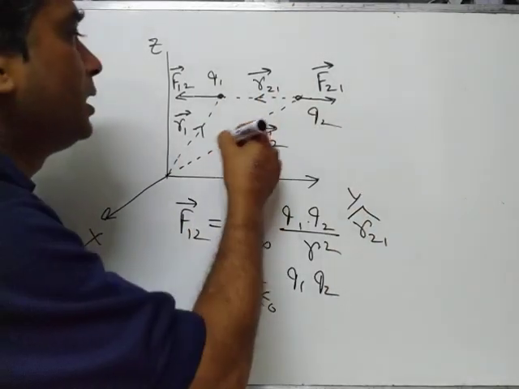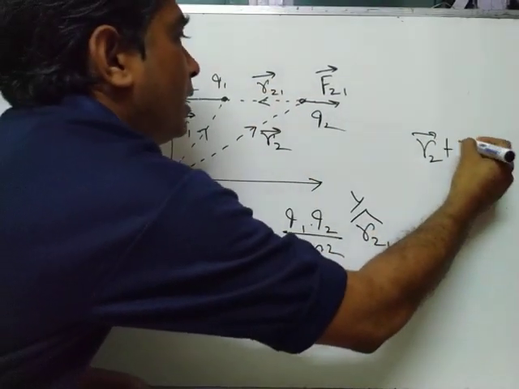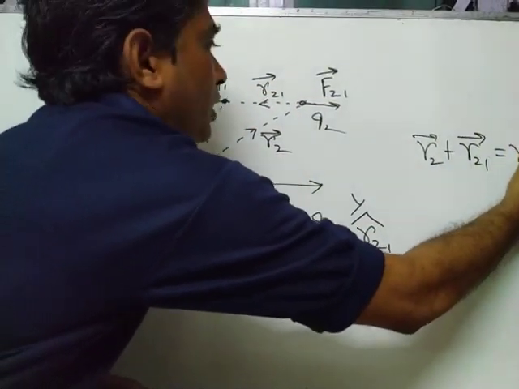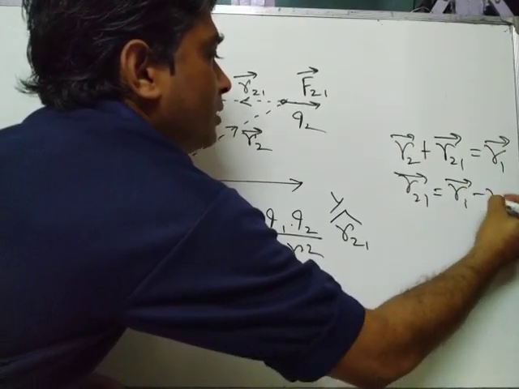From the triangular law, r2 plus r21 equals r1, that is r21 equals r1 minus r2.